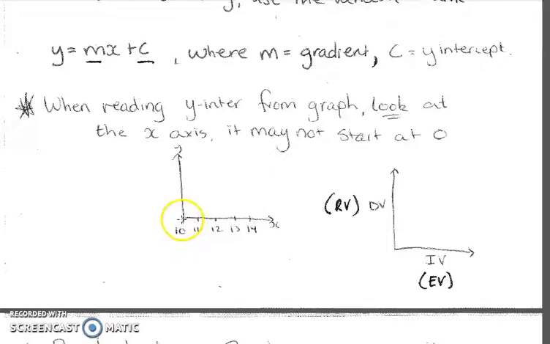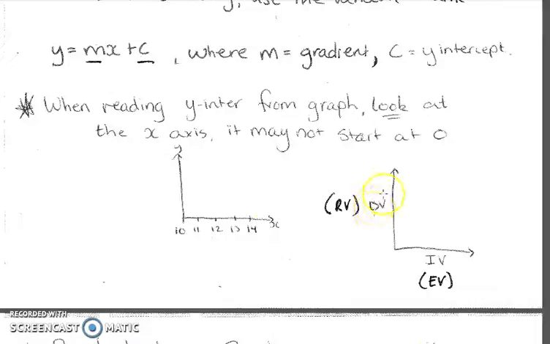Whatever value a line goes through on this graph is not your y-intercept, because that's only in line with 10. It would continue down to where x is 0. So double check that your x-axis starts at 0, please.